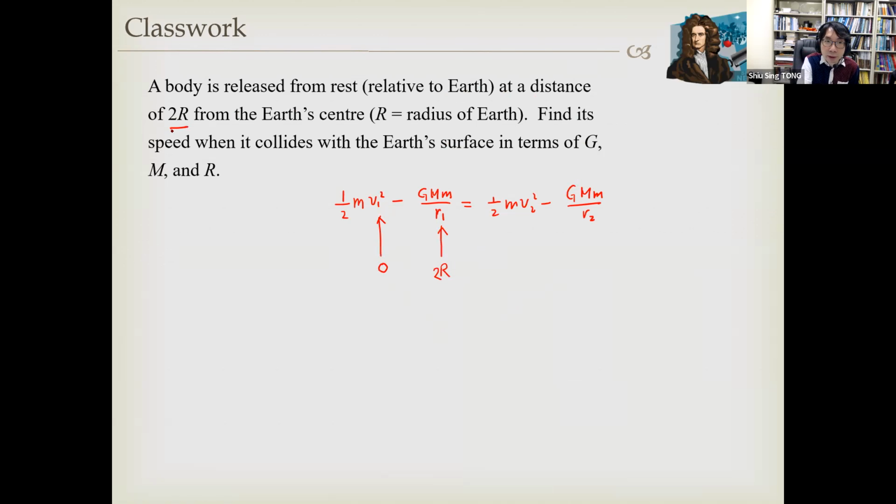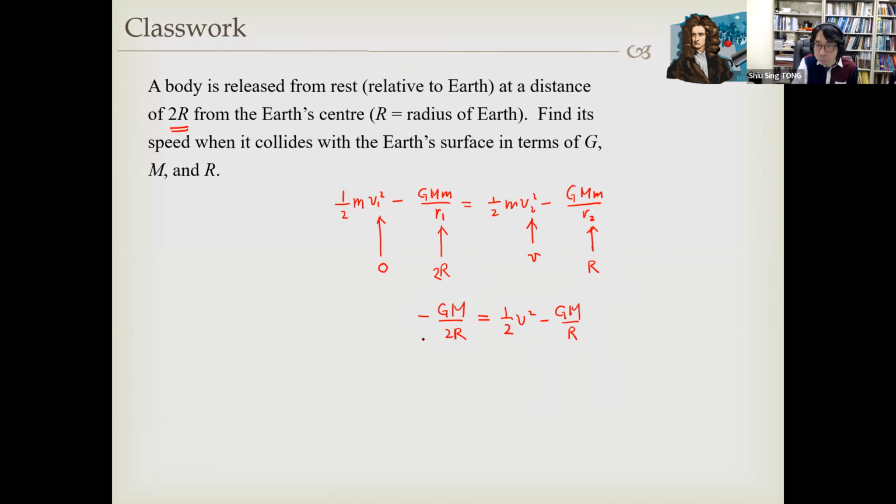Because we start with this distance from the Earth's center. And this is the final velocity we would like to find. And the final position is r, right? Because it collides with the surface of the Earth. So that means the formula goes like this. I cancel the small mass m, and so it becomes this one, equal to half v squared minus GM over r.